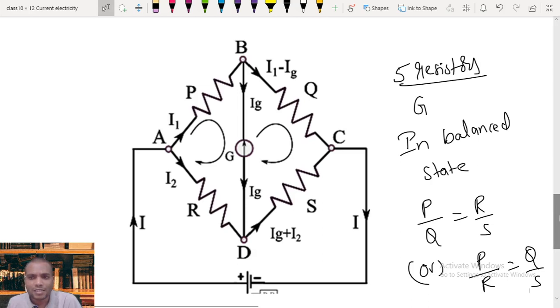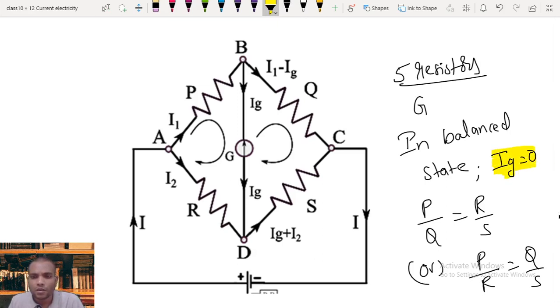So in the balanced state, the ratios of resistance are equal, and not only that, the current through the galvanometer becomes 0. When the current through the galvanometer is 0, the ratios of resistance are equal, or vice versa.